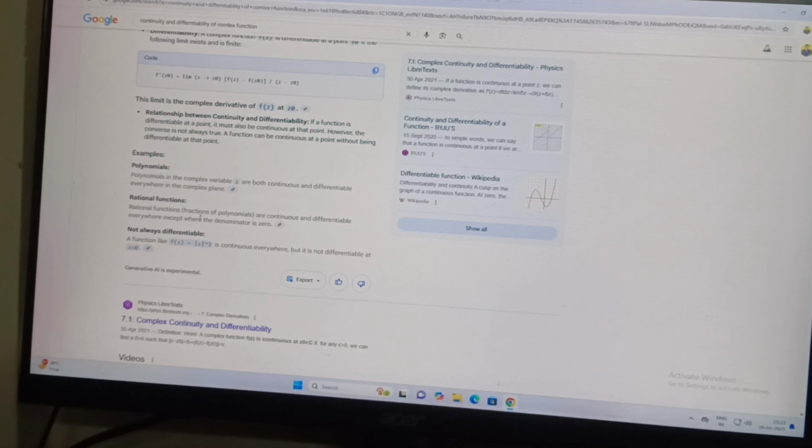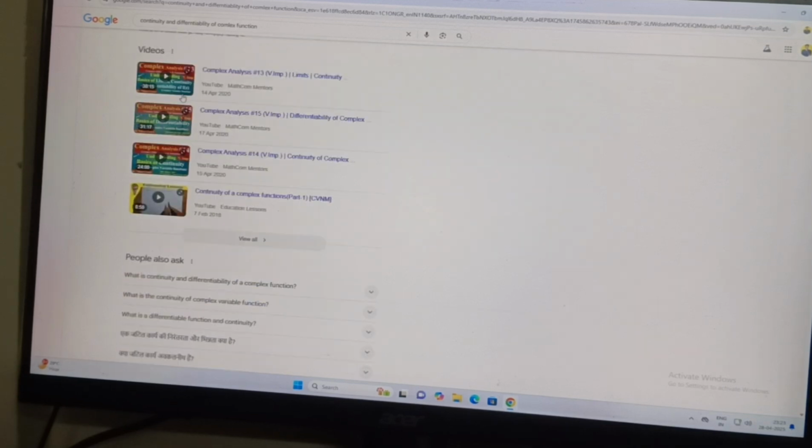What are rational functions? Fractions of polynomials are continuous and differentiable everywhere except where the denominator is 0. Not always differentiable, as a function like f z equal to mod of z square is continuous everywhere but not differentiable at the point. So remember this, that if a function is differentiable, then it is definitely continuous, but not the other way around. Okay, so if we go through a video, these are some videos.